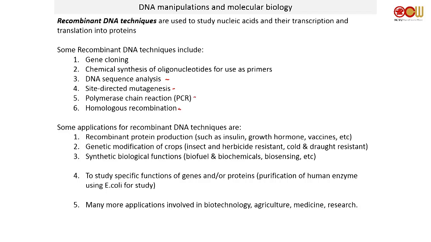And insulin, you guys know what it's for, right? We'll talk about that. Growth hormones and vaccines. Some genetic defects require people to take growth hormones because they don't make them themselves, so we can make growth hormones. Same with vaccines. A lot of vaccines are based on recombinant proteins.